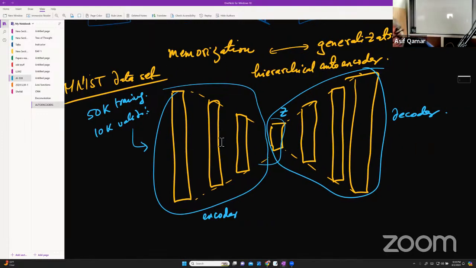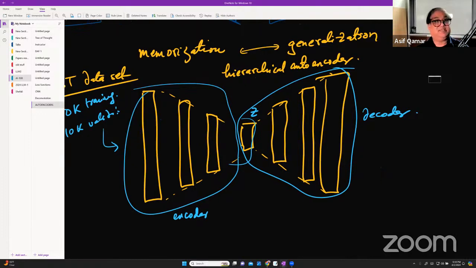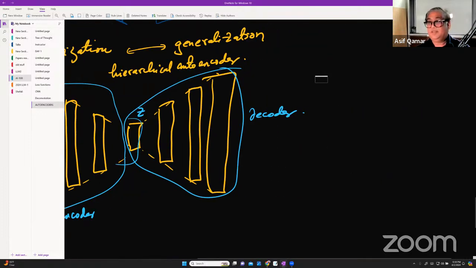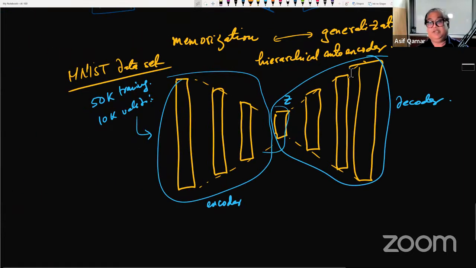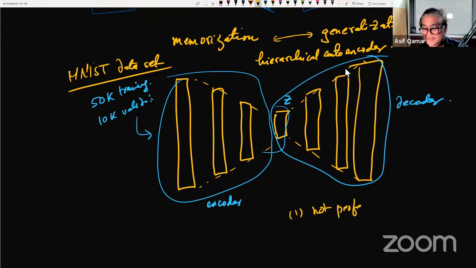That's an amazing achievement of this architecture. It has some limitations, and those limitations we can enumerate. For example, it is not perfect reconstruction.